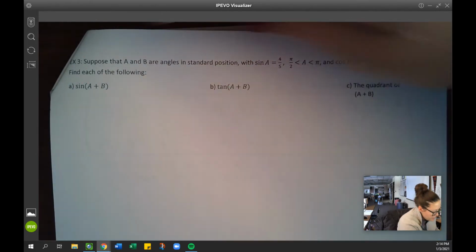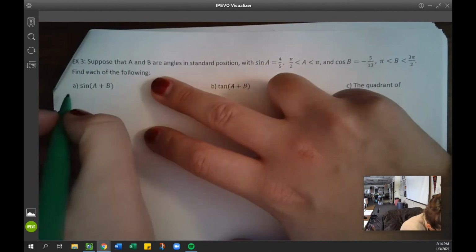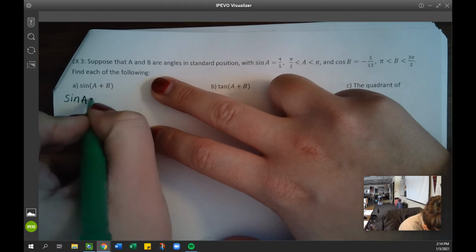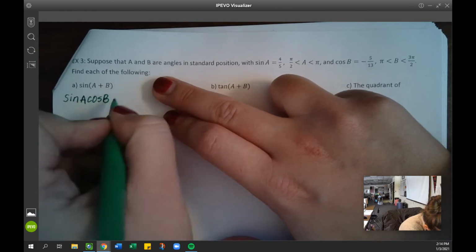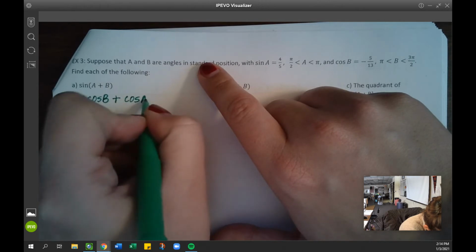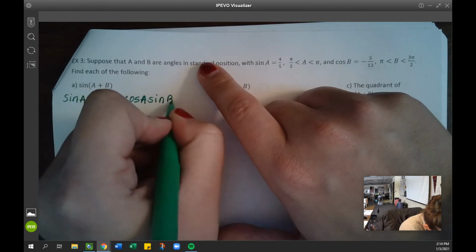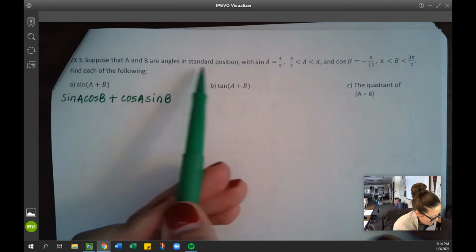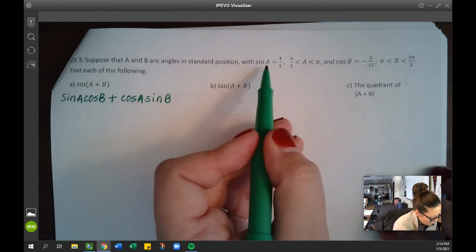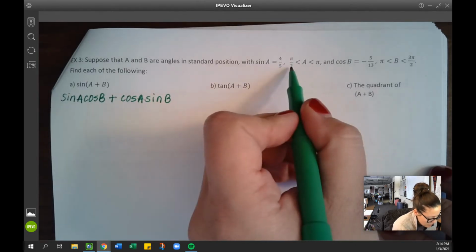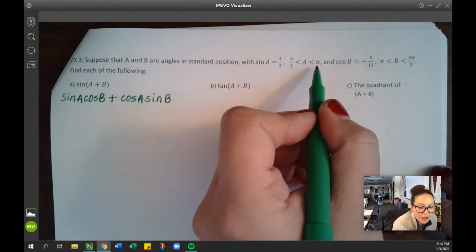To find the sine of a plus b, this comes from our identity. We have sine a cosine b plus cosine a sine b. So let's look at what we have. Suppose A and B are angles in standard position, where sine A is 4/5 and A is between pi over 2 and pi.